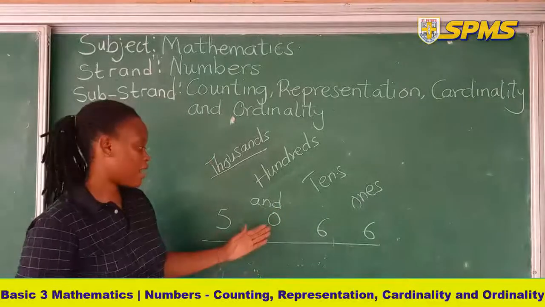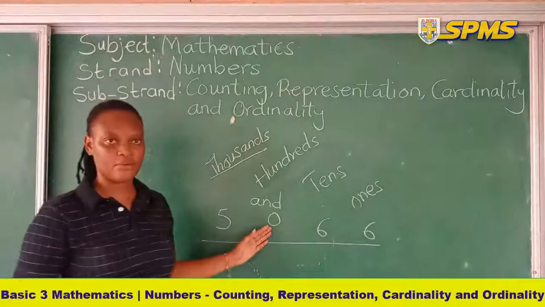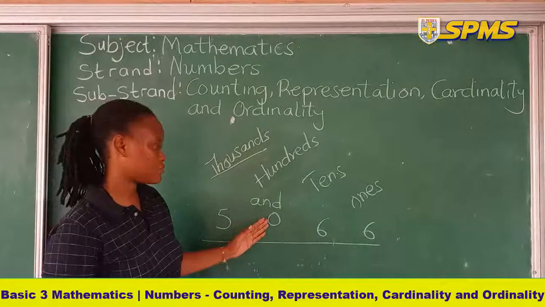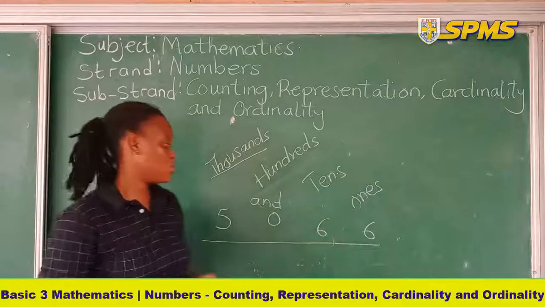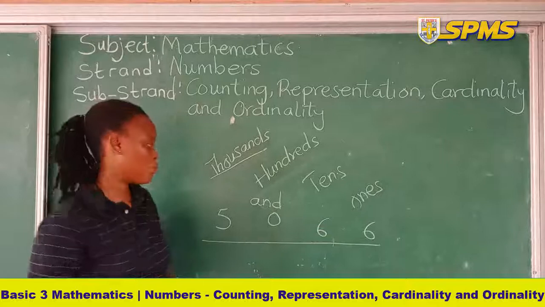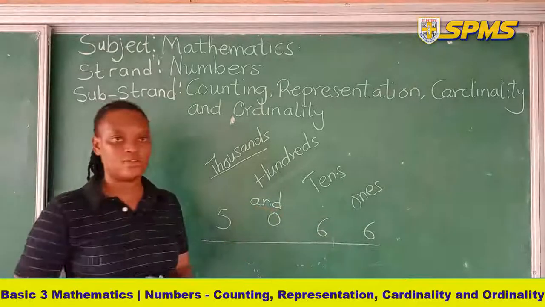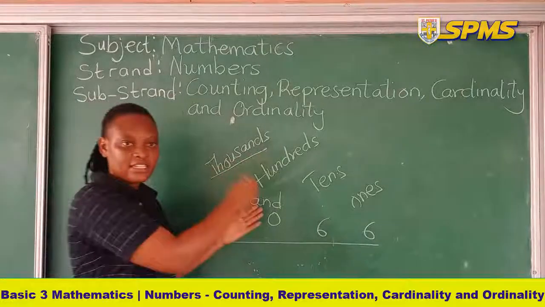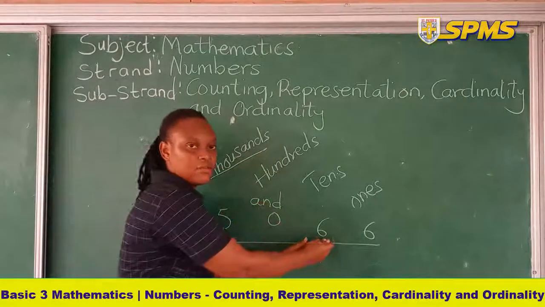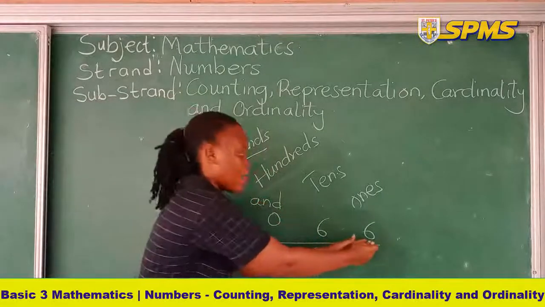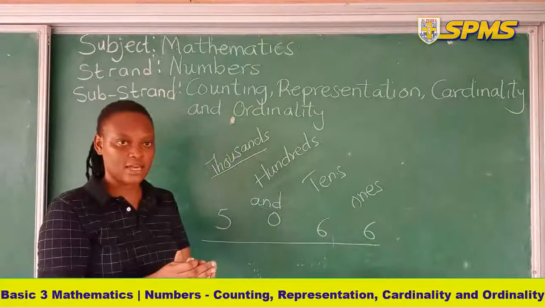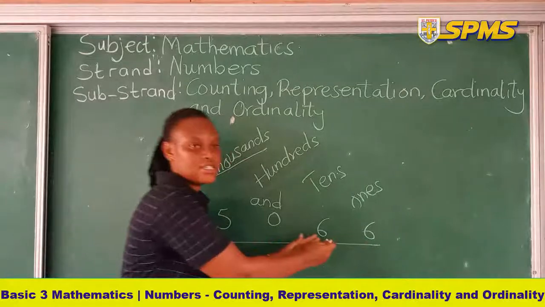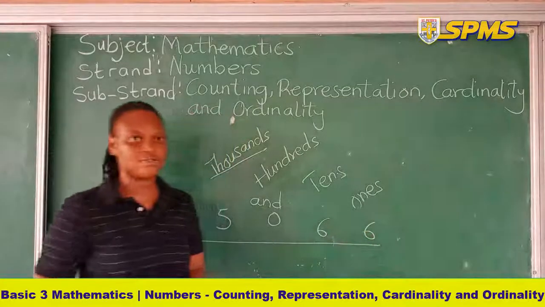So wherever you come across the 0, around the hundreds or the tens, you replace the 0 with 'and'. So we have 5,000 and our tens and then our ones go together. So 5,066.